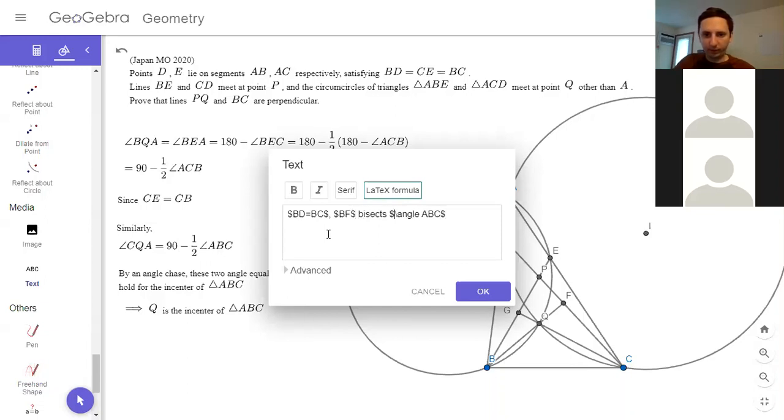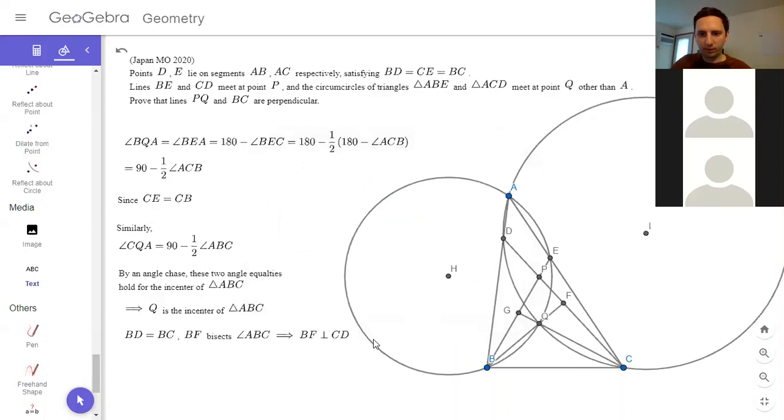So that means BF is perpendicular to CD. And then similarly, CG is perpendicular to BE.